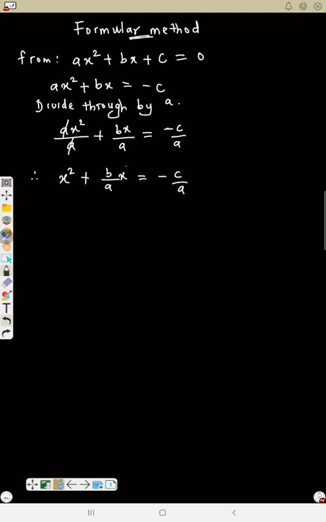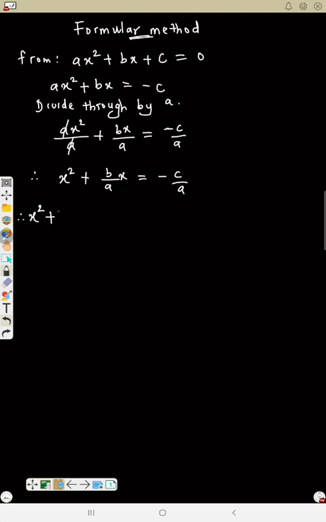Now this side is uncompleted. I'm doing it this way because in video 3 we've already learned the completing the square method, and the method I'm using here is still completing the square. You can go back to video 3 and understand the procedure.